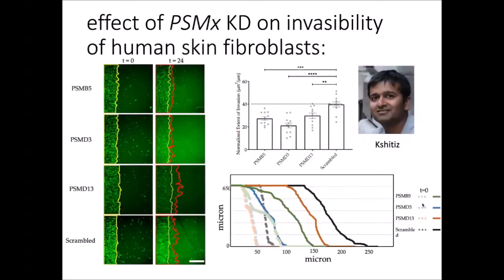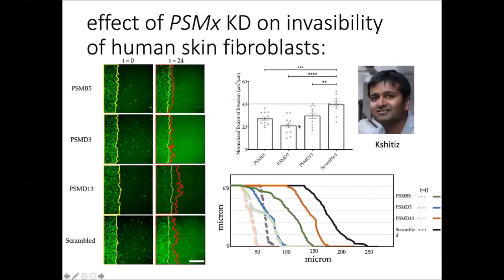So of course you scratch your head and ask, well, the proteasome is nice, but does it have anything to do with invasibility? So we turned again to our invasibility test that was done by Chitiz in his lab at UConn. We chose three of those genes, PSMB5, D3, and D13, and all of them, when knocked down, decrease the invasibility of human skin fibroblasts.